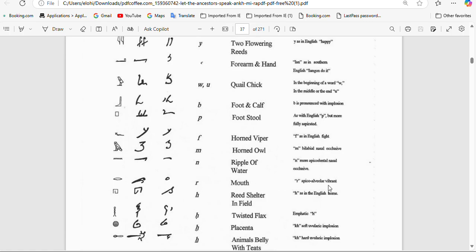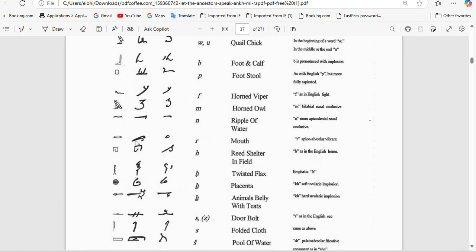R. This is an H, a reed shelter, H as in home. This is twisted flax. You see it in the other two scripts. Emphatic H, like ha. This is another H, placenta.